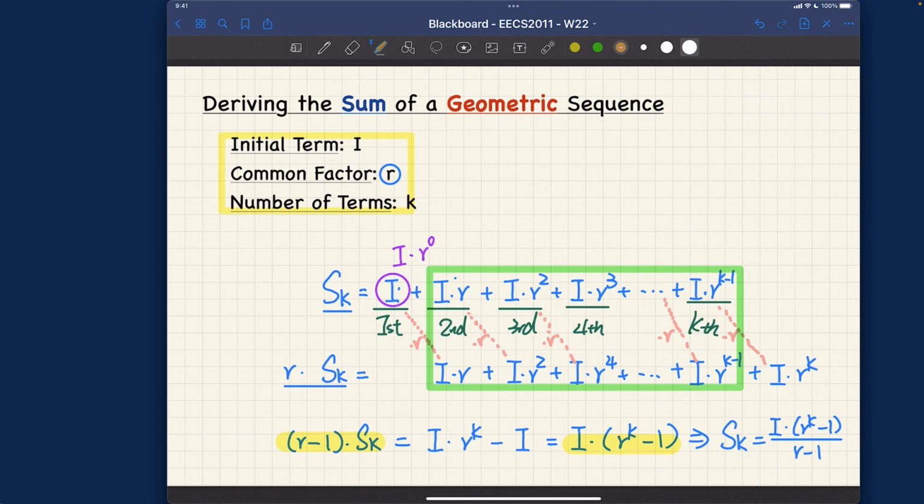If you find this formula very easy to remember, good for you. In that case, maybe you don't necessarily have to know exactly how it is derived. But if you're like me, my memory doesn't really serve me very well, especially over a long time. In that case, if you forget the formula, you can simply remember the critical step of multiplying the series by r and canceling out the big overlap, and then you can derive the formula yourself.